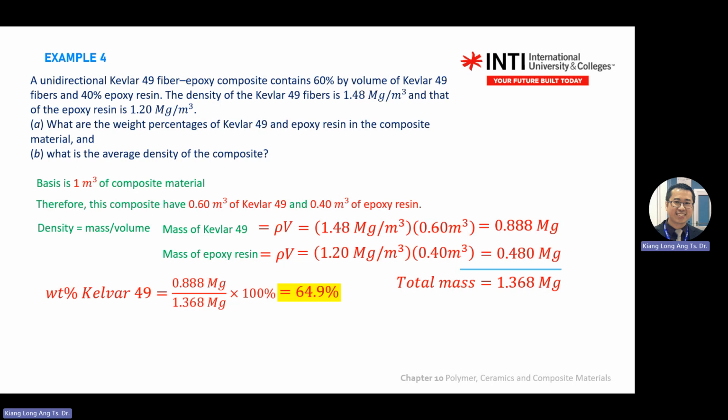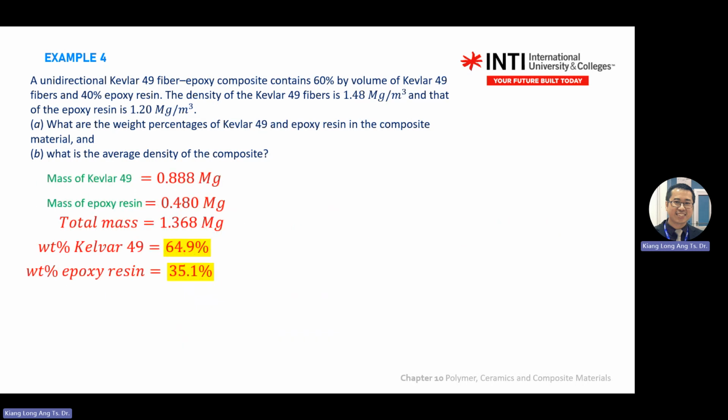When you get 64.9%, you should be able to find the other half. You take 100% minus 64.9%, or you do the calculation by taking 0.48 divided by 1.368. You get the resin weight percentage. Any question for the first part?